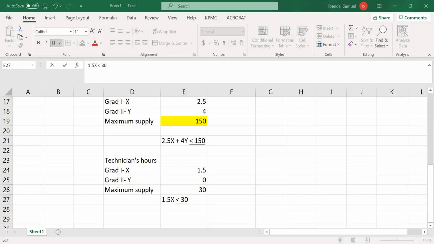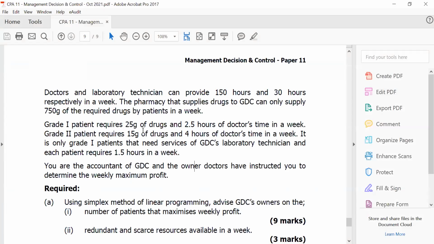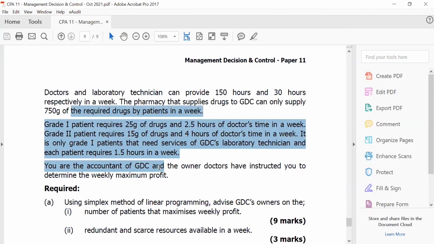So 1.5x should be less or equal to 30. You then go back to your question and see whether you have any other variables that you need to look at.